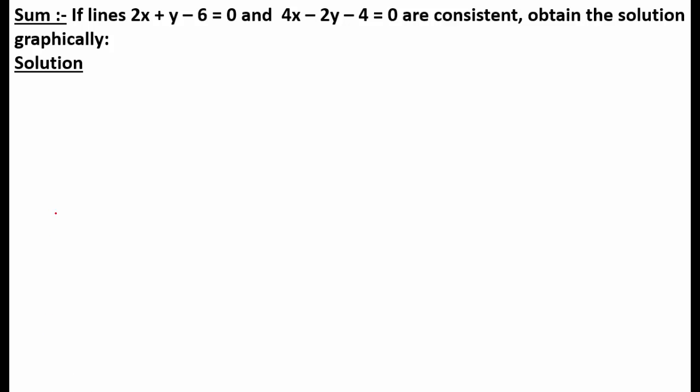Second sum: if the lines are consistent, obtain the solution graphically. Now first we have to check consistency, and you know that for consistent or inconsistent we have to check ratios, that is a1 by a2, b1 by b2 and c1 by c2. Then if consistent, we will find the solution graphically, otherwise we will not solve further.